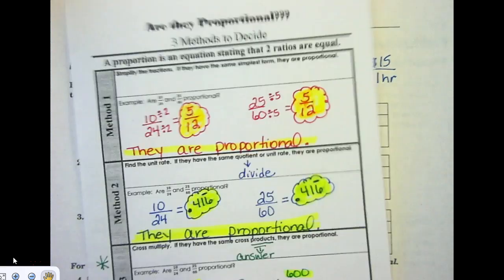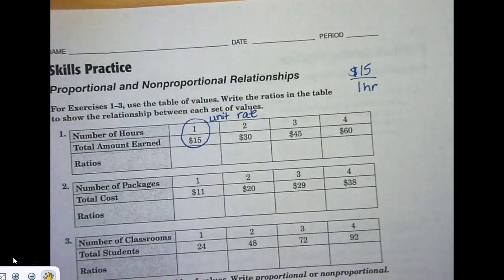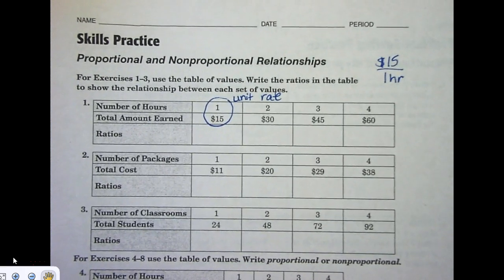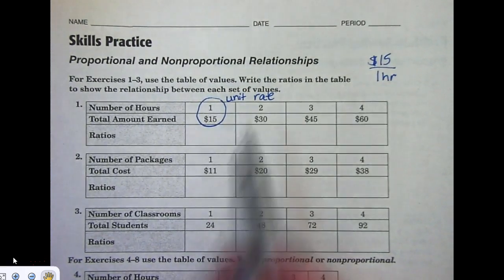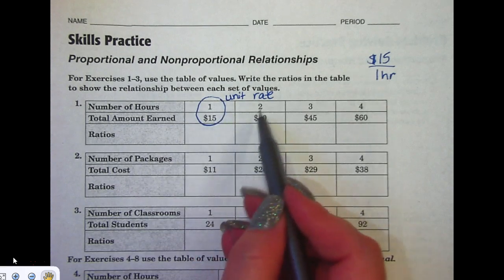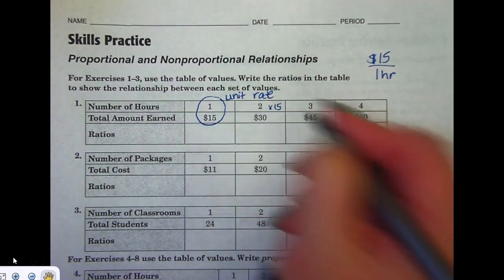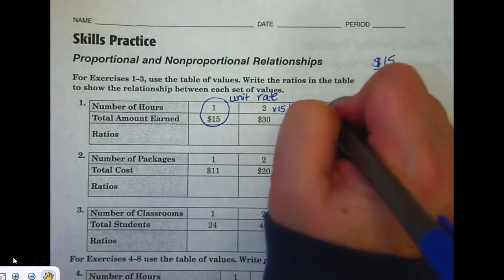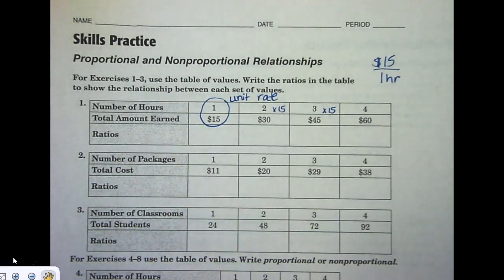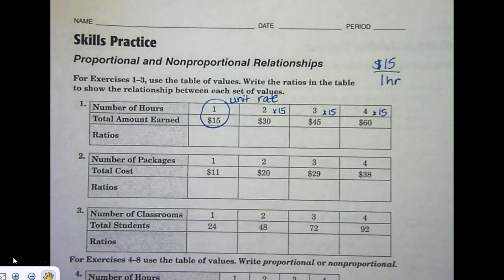So we could use this unit rate method and see if we get the same unit rate every single time. Well, if this is 1 hour is $15, 2 times 15 is 30, 3 times 15 is 45, 4 times 15 is 60. Do you think those are going to be proportional? I think that they are, yes.